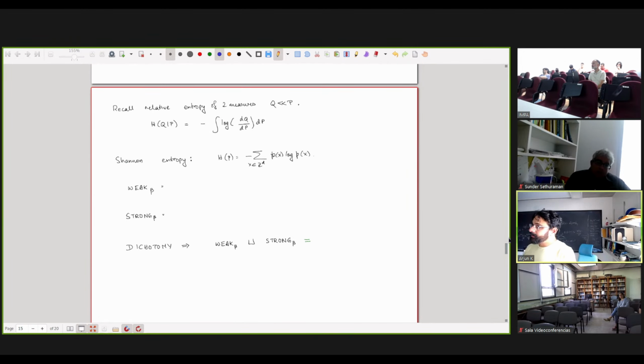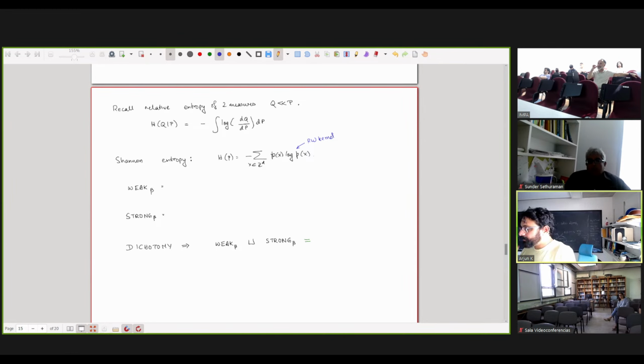Okay, so I mentioned the relative entropy of two measures when I stated the entropy condition for the existence of strong disorder. Now I need the Shannon entropy for the random walk kernel itself. That's just defined by the sum over x in Z^d of p(x) log p(x), where p is the random walk kernel.